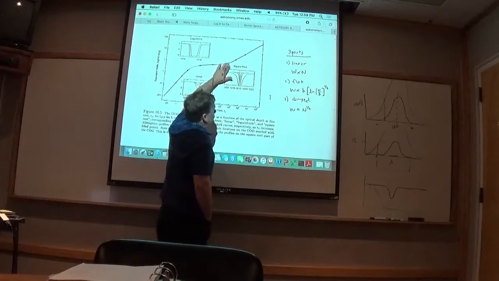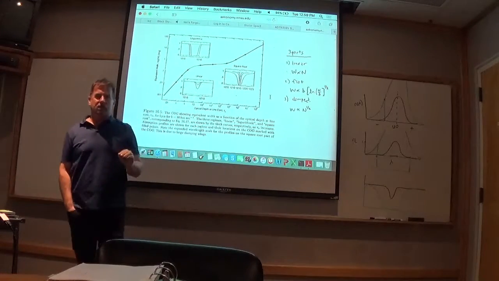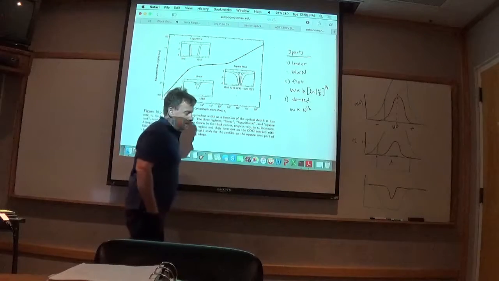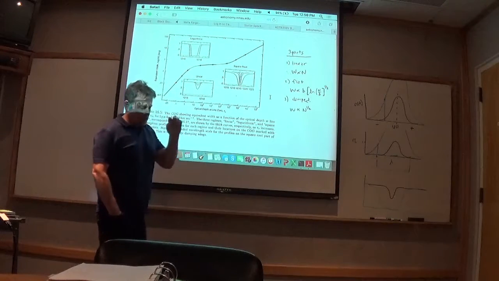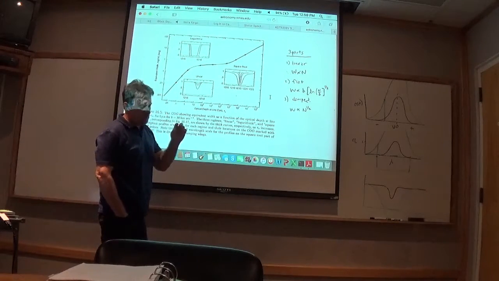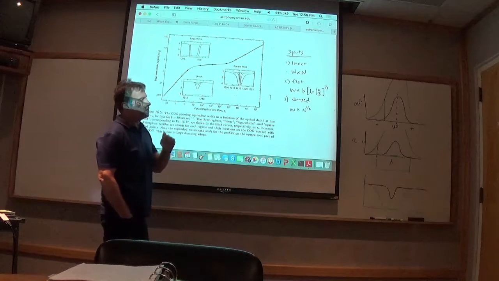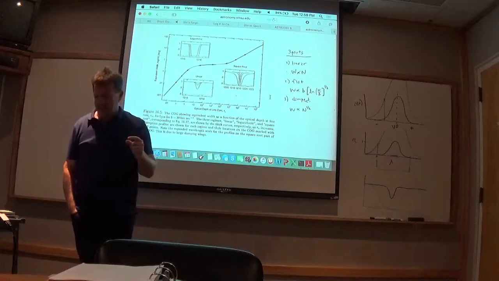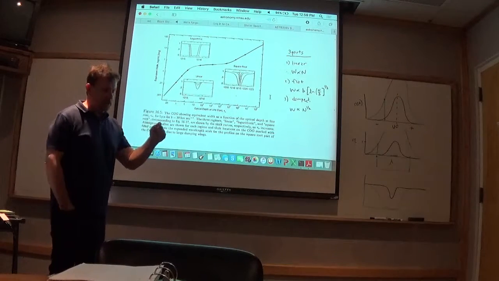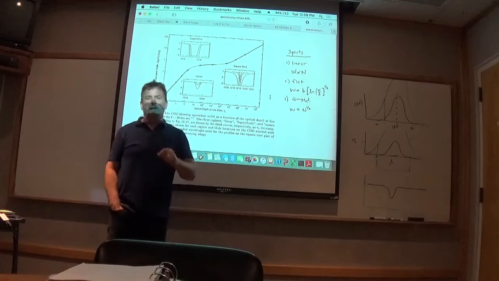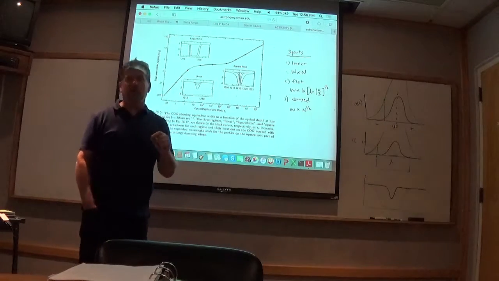Something else happens in here. We get into what's called damping. It's an atomic physics thing that has to do with the broadening of the energy levels. It can be related to the Heisenberg uncertainty principle, delta E times delta T equals H bar, but that's the semi-classical childhood way to look at it.